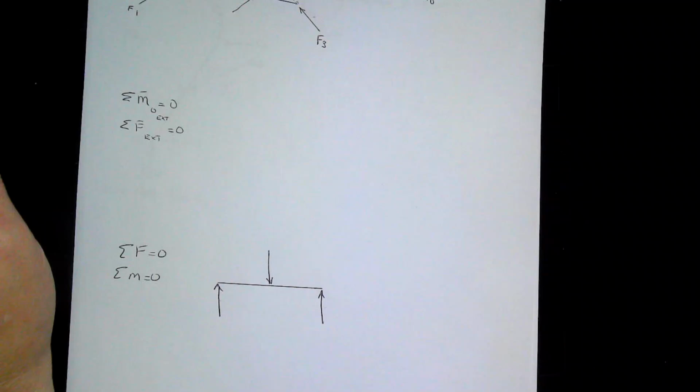Because if these two point to the same spot, I'll call this O, that means this and that have no moment relative to that spot. That means this force has to go through that line, through O. Otherwise, there will be a perpendicular distance associated with it, and that would mean there's a non-zero moment, and therefore this thing is spinning.